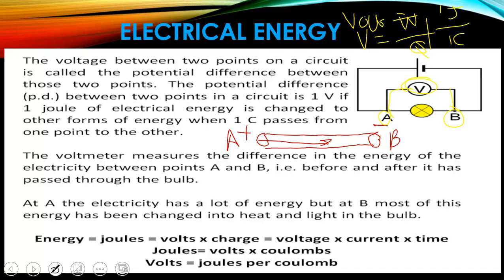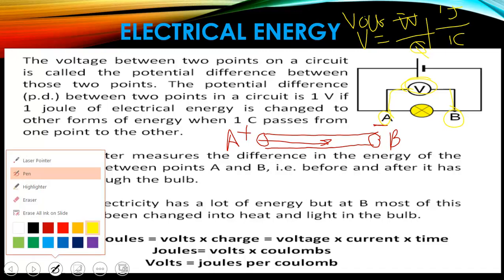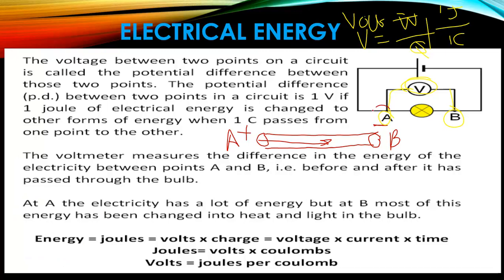Again, to explain this, the electric current moves from the positive pole towards the negative pole. This means that the electric current will pass through point A at the beginning, then pass through the electric bulb. The energy from the battery passes through the bulb.